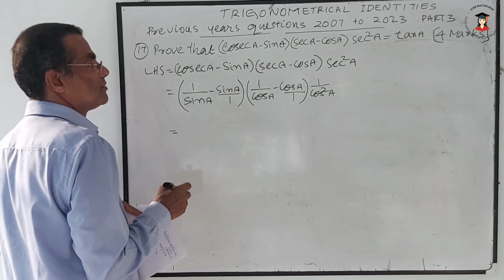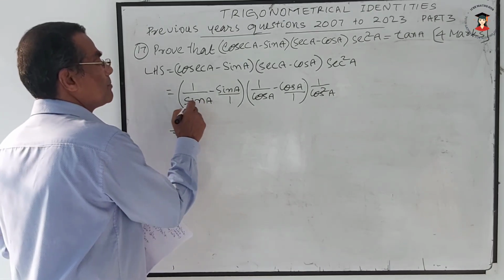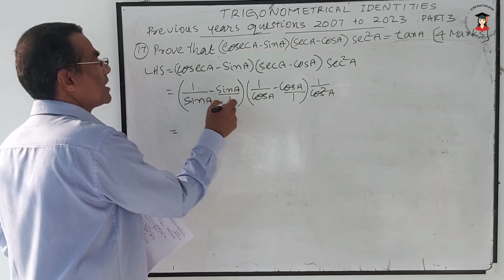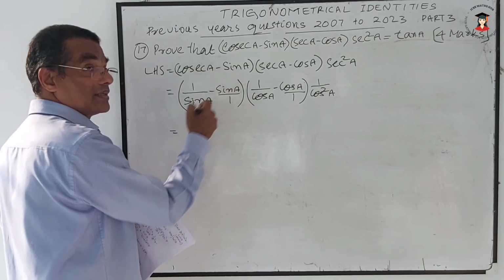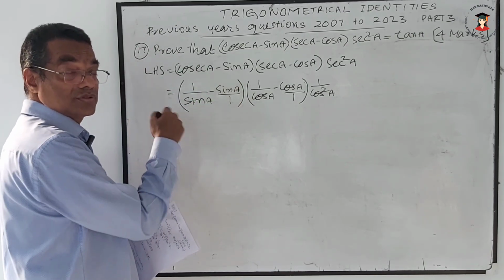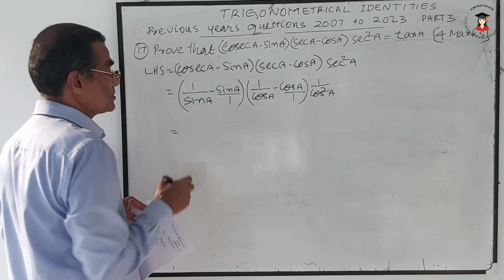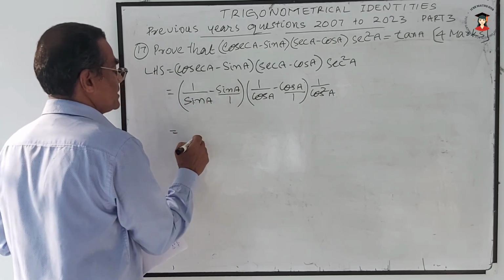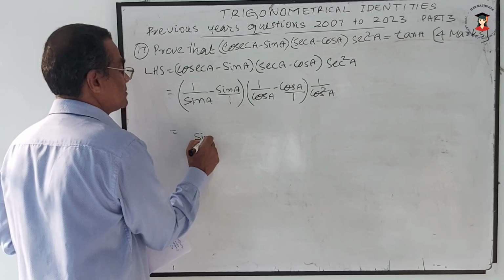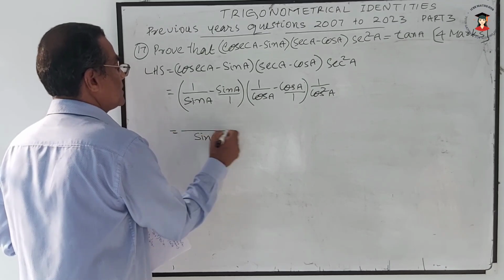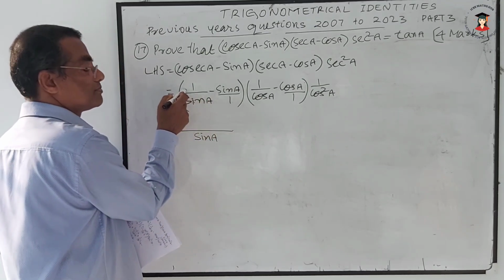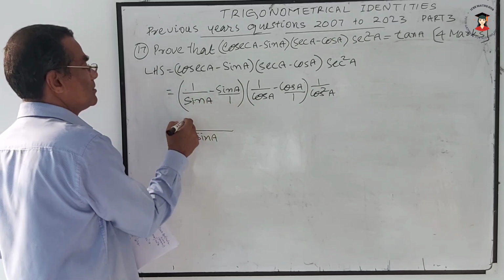So we can use a method, multiply the denominators, then multiply like this and multiply like this, cross multiply for getting the numerators. So multiplying the denominators, sin A into 1 is sin A, then the numerator here will be 1 into 1.